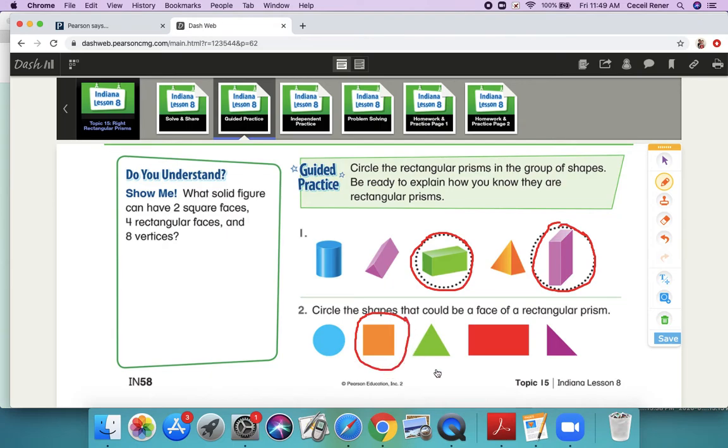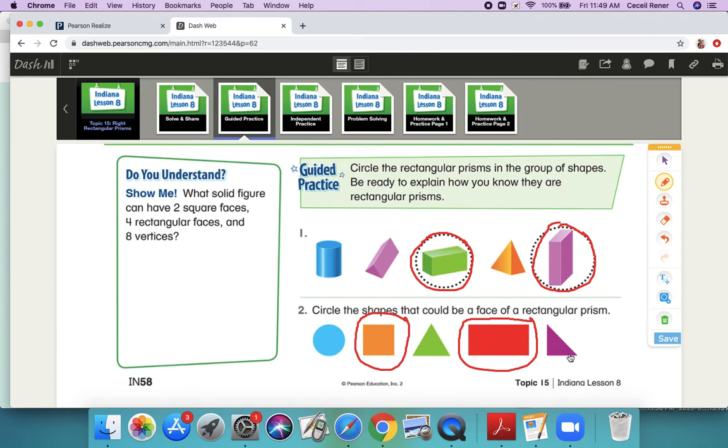How about a triangle? Is a triangle the face of a rectangular prism? No, it is not. So we would not circle a triangle. How about a rectangle? Yes, a rectangle is one of the faces of a rectangular prism. So we're definitely not going to circle the triangle.